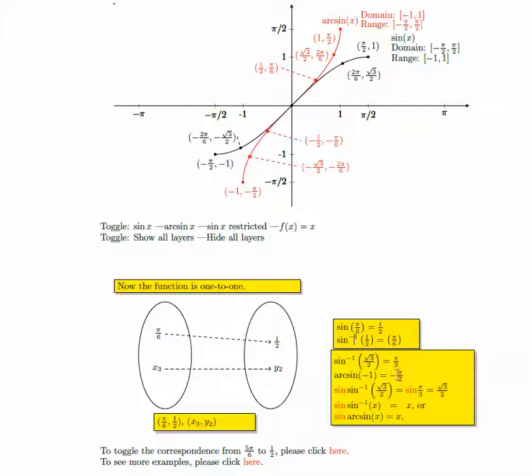Here you have sine negative pi over 2, right here is -1. So for the inverse function, it really depends on how well you remember the original one. If you remember sine negative pi over 2 is -1, then it will be easy for you to write arcsin -1 is negative pi over 2.